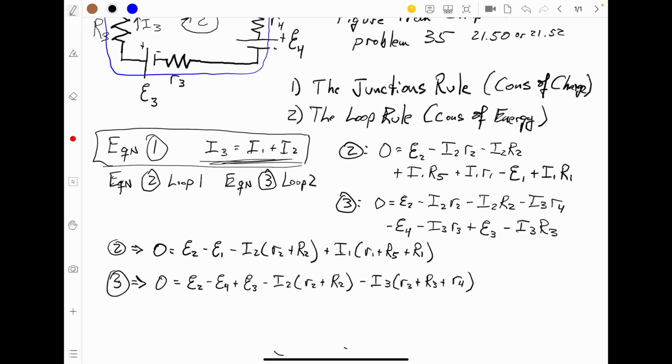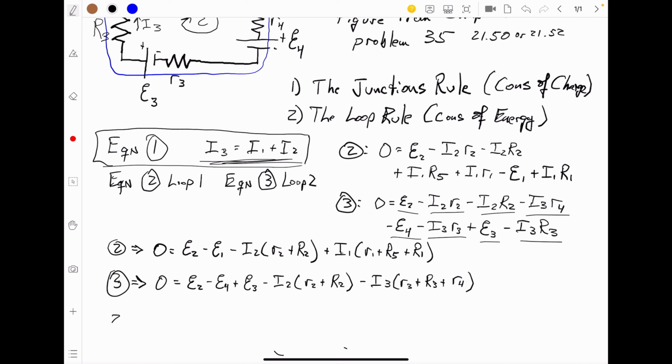Do I have that right? Okay, here's little r4, here's big R3, and there's little r3. I've got little r2, big R2, and that's there, and then I've got this, this, and this. Okay, good. We got everything from there, and we can start putting in numbers for these.